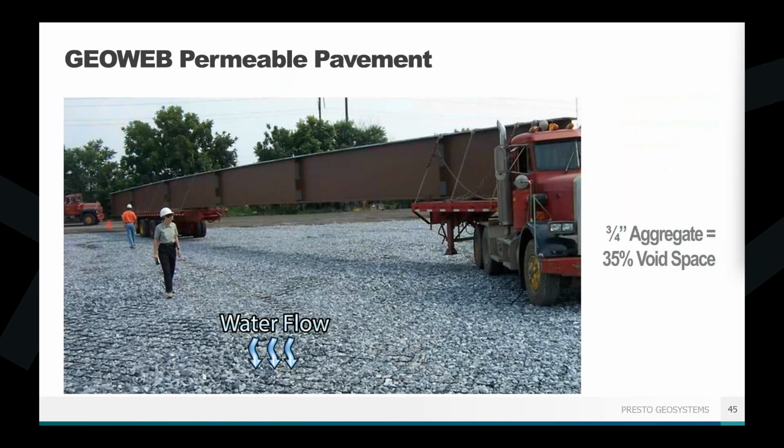One of the advantages of using the GEOWEB system is that it does have the ability to allow for that water flow, like we mentioned in one of the previous projects, making it applicable for a permeable or a porous pavement. So this is where you're going to want to make sure you limit that fines content, 10% or less. Of fines gets you that good open space, that void space between the stone, which is where that water is going to flow.